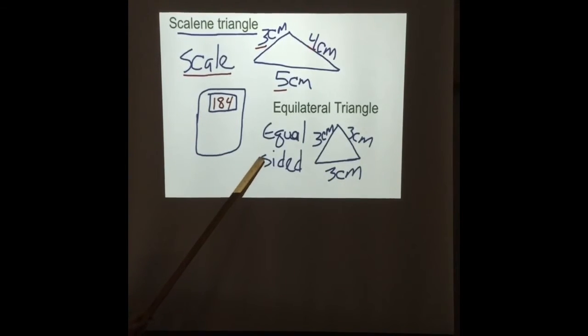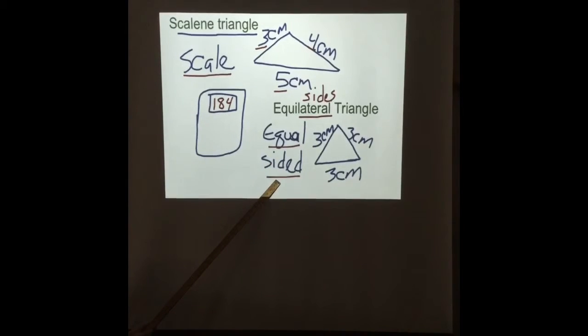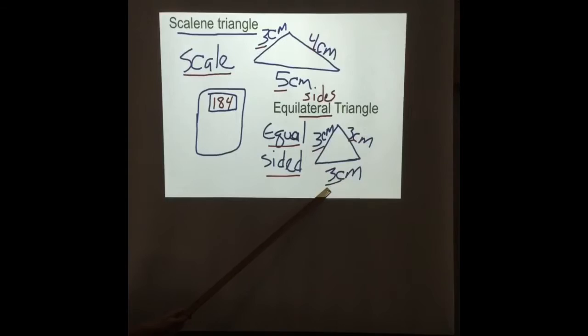That's what equilateral is. Remember, the word lateral means sides. So equilateral is equal sides, equal-sided. So we have 3 centimeters here, 3 centimeters on this side, and 3 centimeters on this side. So as you can tell, we have an equilateral triangle. They're all the same, equilateral.